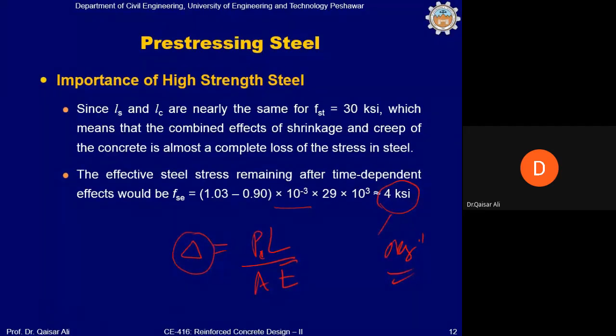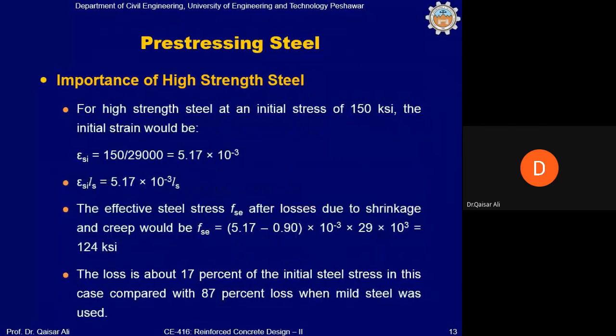Still, we would be having some stress. So let's see now if we can use an initial stress of 150 ksi in a high strength steel wire or cable. In this case, the strain produced will be equal to 5.17 in 10 to the power minus 3. If the shrinkage and creep strain is deducted from 5.17, we will be left with a strain which is still much higher than in the previous case.